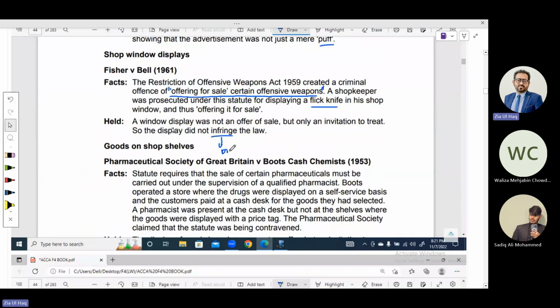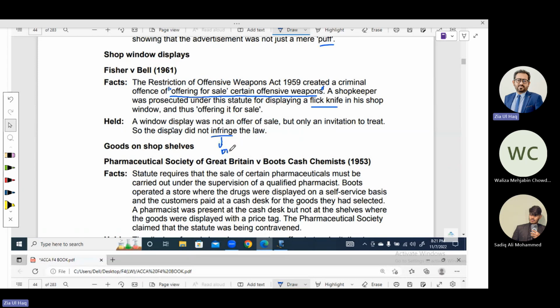Shop window display: Fisher versus Bell. There is a case between Fisher versus Bell. The Restriction of Offensive Weapons Act 1959 created a criminal offense. I mean, in 1961, there was a law like nobody can sell offensive weapons.